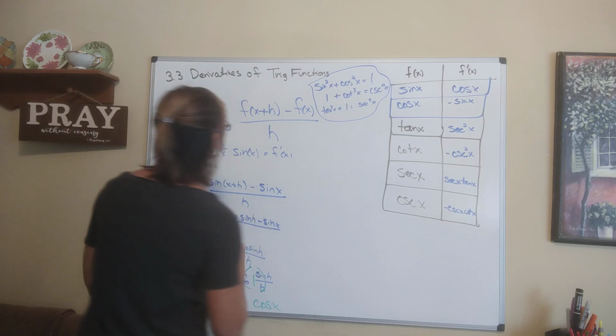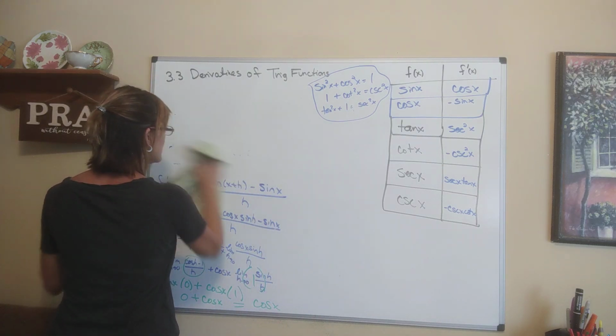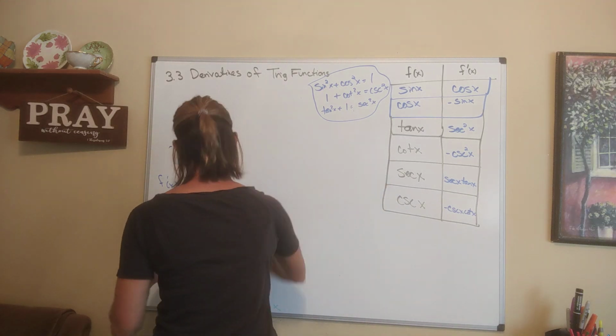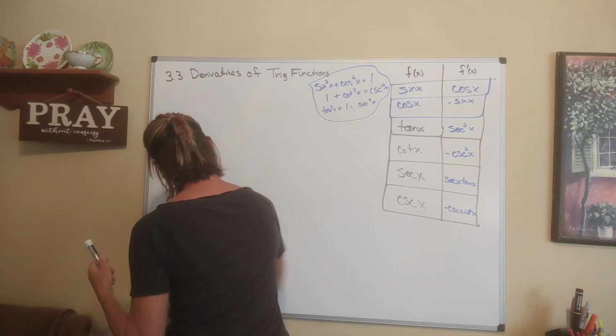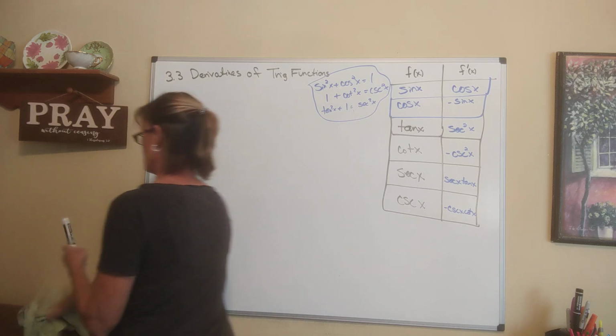F of x is equal to the secant of x divided by 1 plus tangent of x.